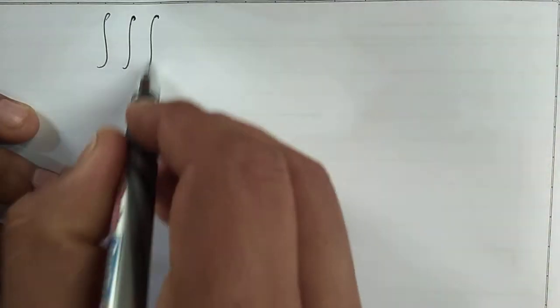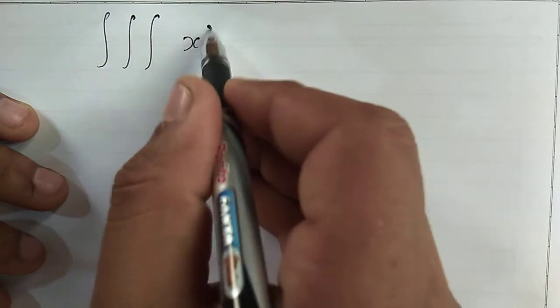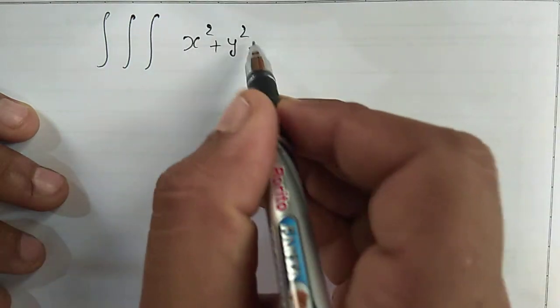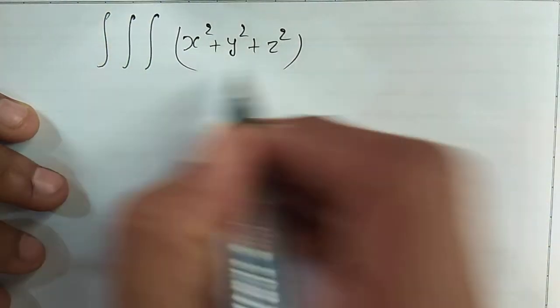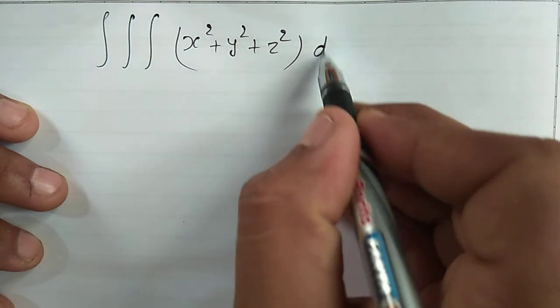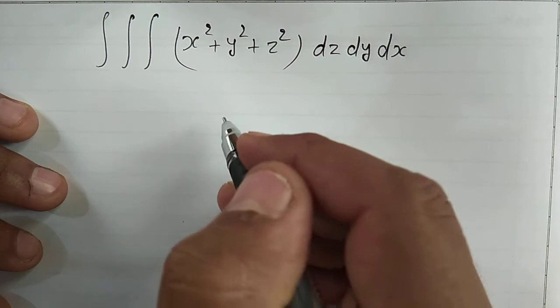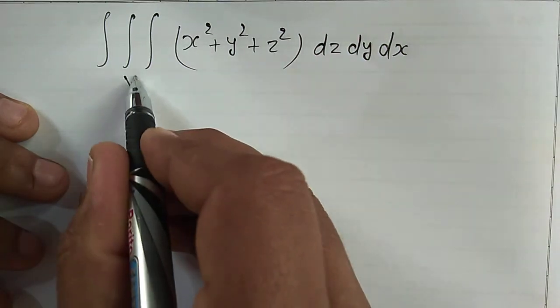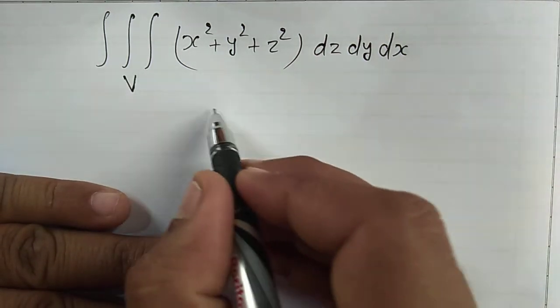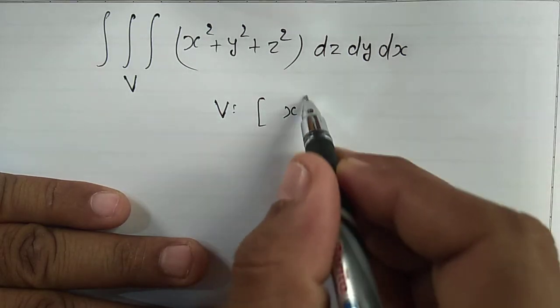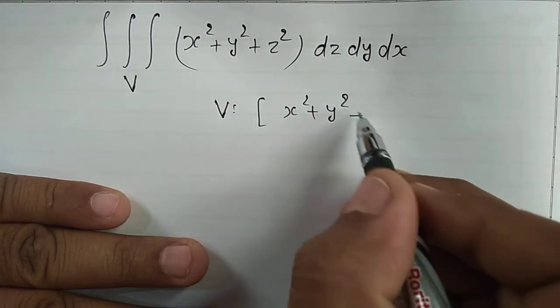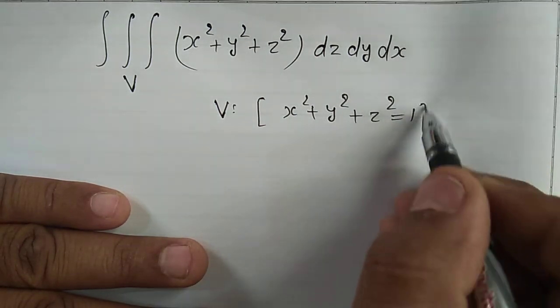Now the first problem: we have the triple integration of x square plus y square plus z square dz dy dx over the region V, and V is the given sphere x square plus y square plus z square equal to 1.